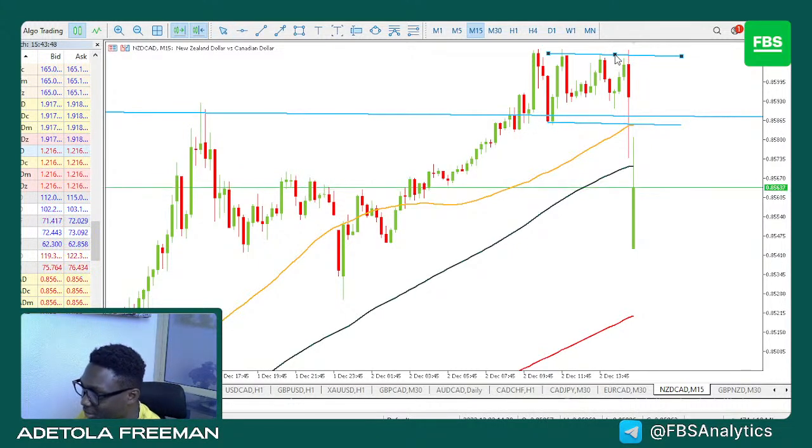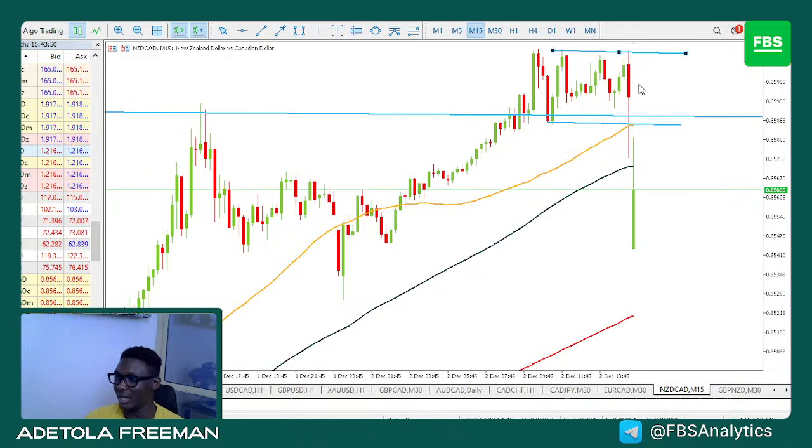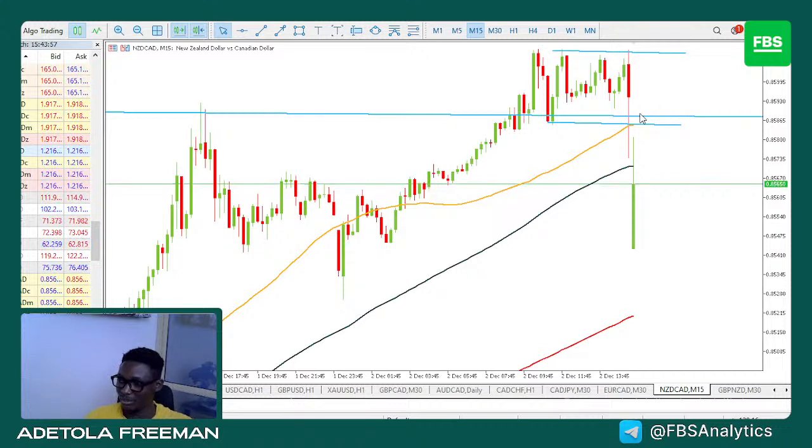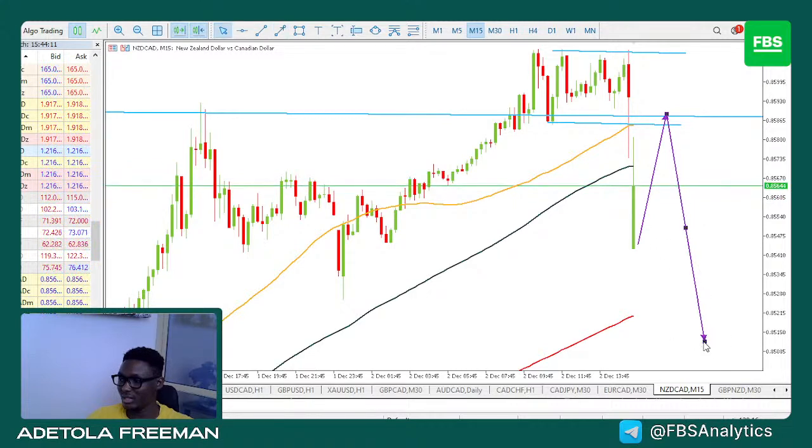We've seen price break out of that consolidation. However, I can see that the breakout was a spike, and it left a gap, which means that naturally price will try to refill that gap and then drop lower. So price would most likely come this way and then all the way down.